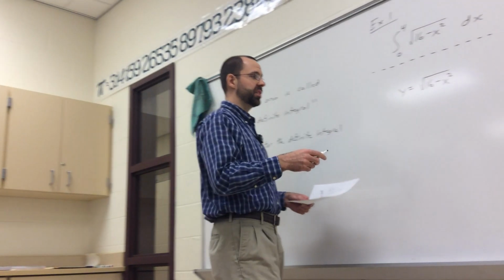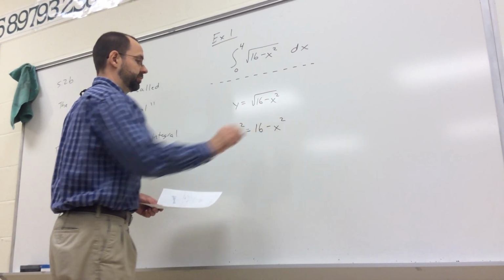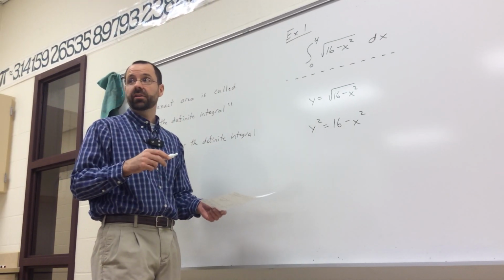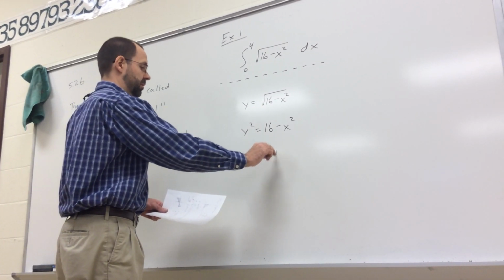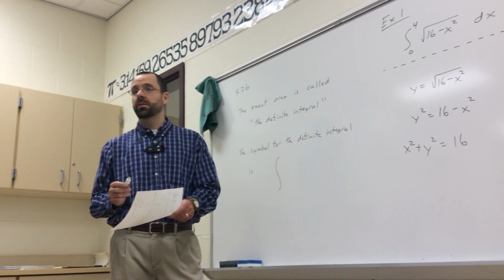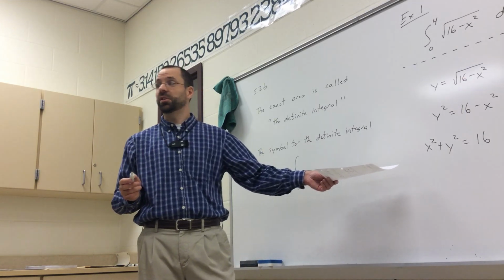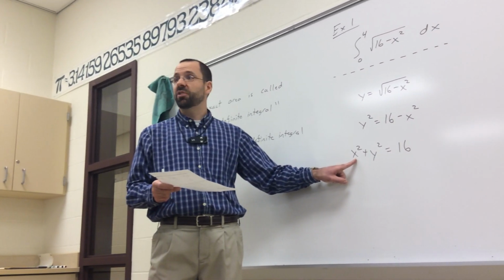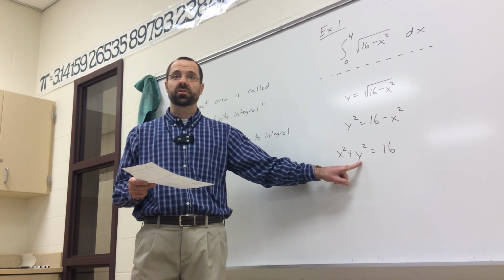So I'm going to square both sides, then add x squared to the other side. So does anybody recognize that type of equation? It's the equation for a circle. Since nothing is subtracted from x, and since nothing is subtracted from y, the center of the circle is 0, 0.